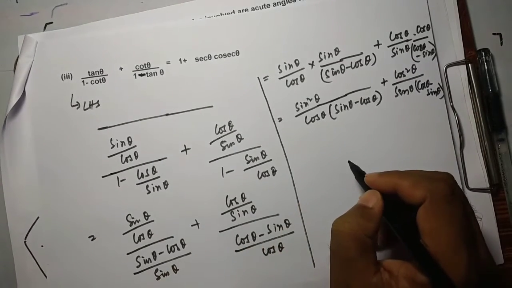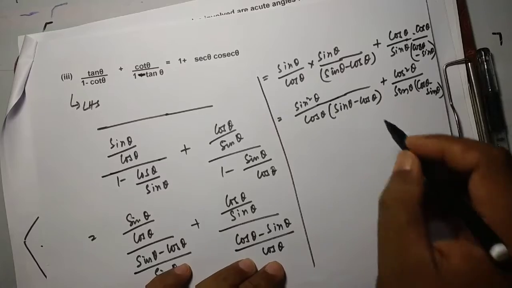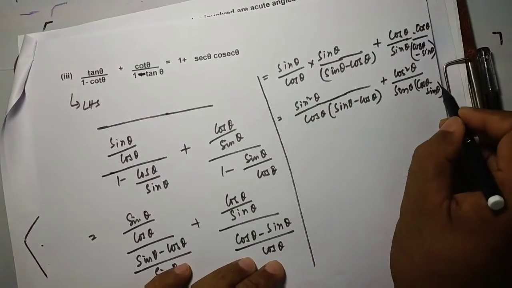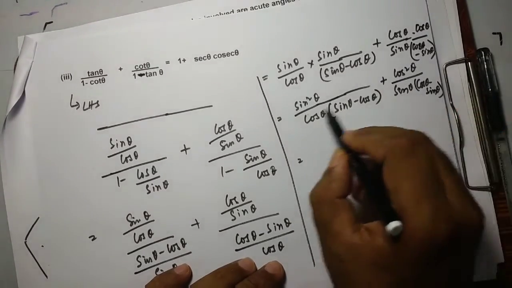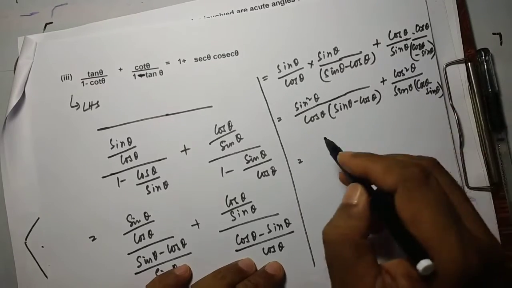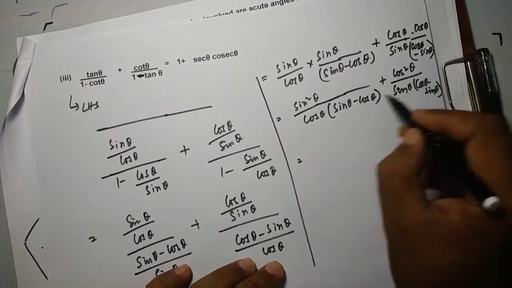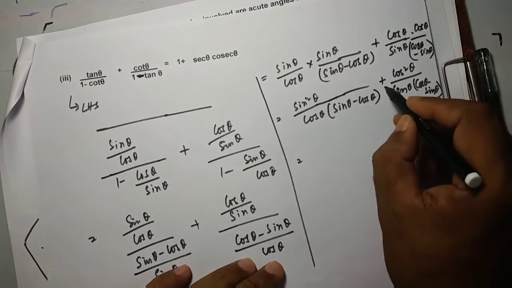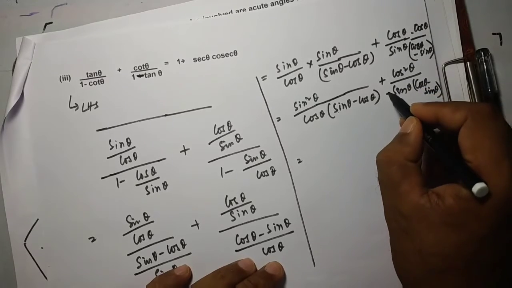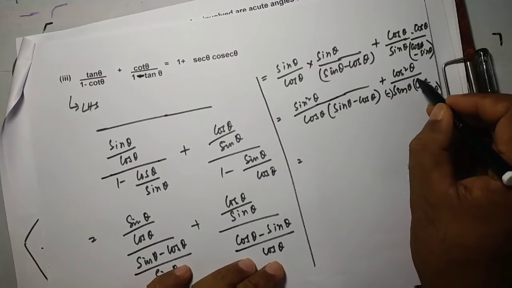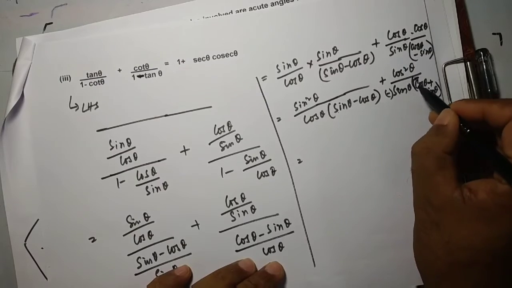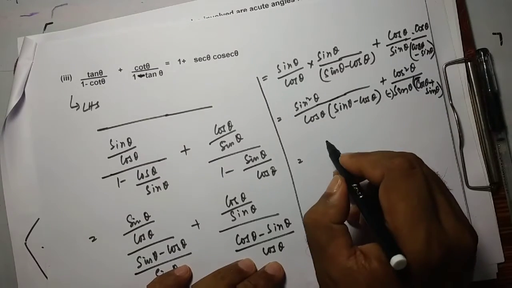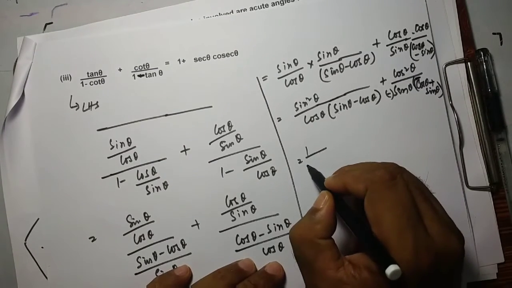Okay, so now take the common here, sin theta minus cos theta. Let the sign be minus here. This is cos theta minus sin theta, this is sin theta minus cos theta, so make a minus sign over here, so this will be minus here and it will be plus here, the sign will be interchanged, so we can take common.